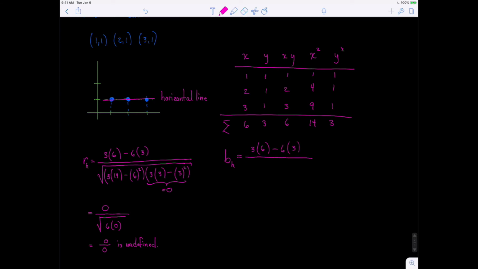And we divide this one, though. This one is the same division as it was for the vertical line, and that's the x's. So now we go n, which is 3, times the sum of the x squareds, which is 14, minus the sum of the x's squared. Well, look at what we get. We have 0 in the numerator, but this time we get 6 in the denominator.